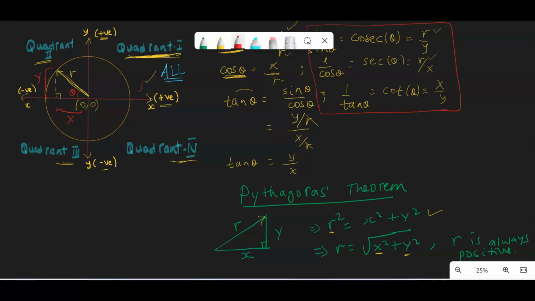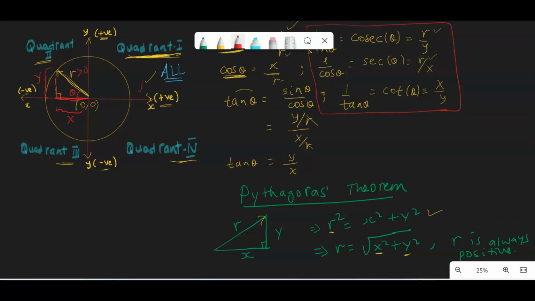Alright, let's say quadrant 2. In quadrant 2, let's construct a right angle triangle here. The adjacent side is the x value, and the opposite side is y. It's a right angle triangle with an angle of theta, and the hypotenuse is just the radius of this circle, which is always greater than 0.